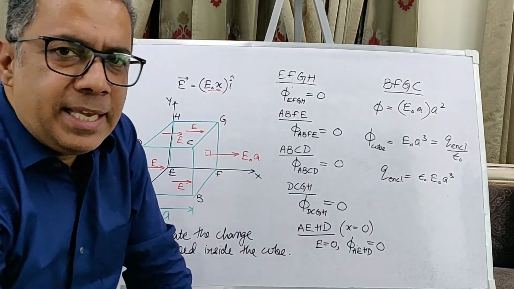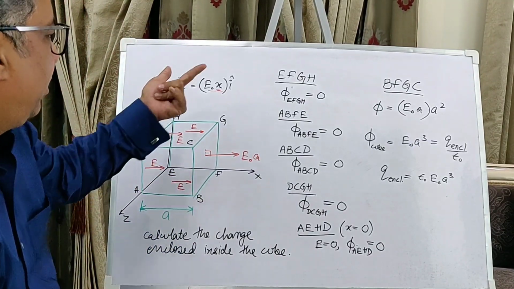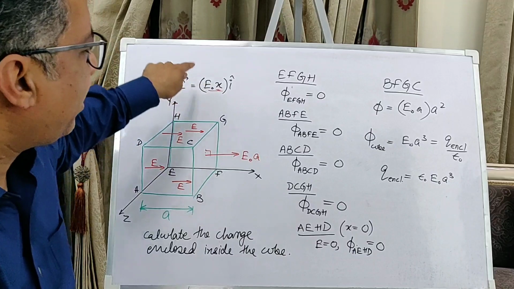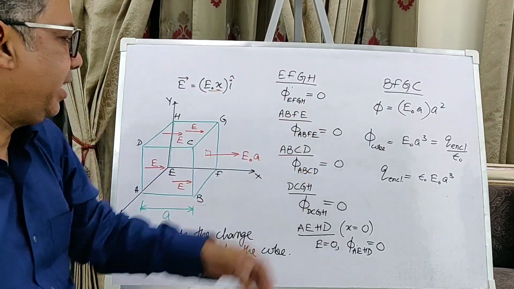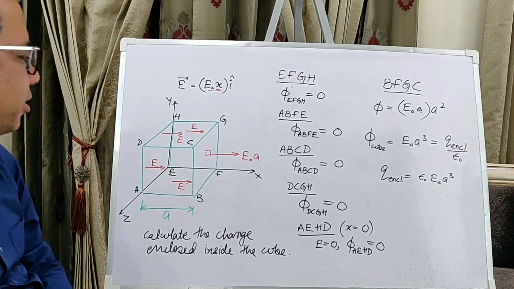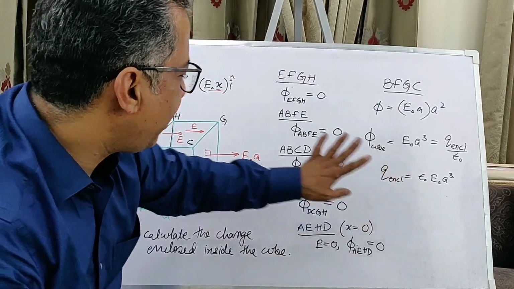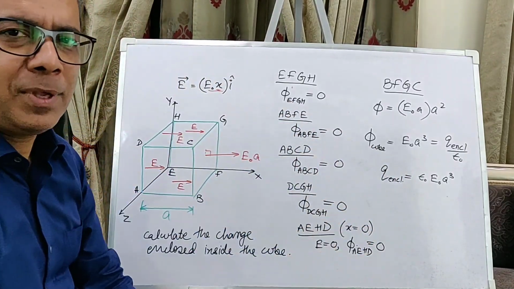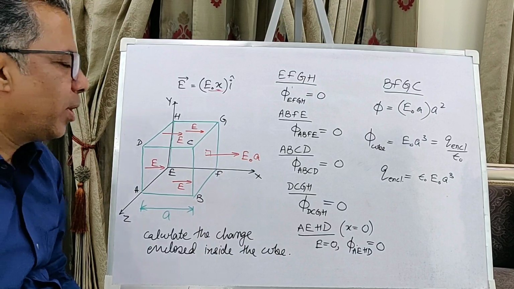Fairly simple, easy calculation here using the field, the direction, and Gauss's theorem. We were able to find the magnitude of charge enclosed in the cube. Later on, we will be looking at the same problem again using a somewhat different approach.